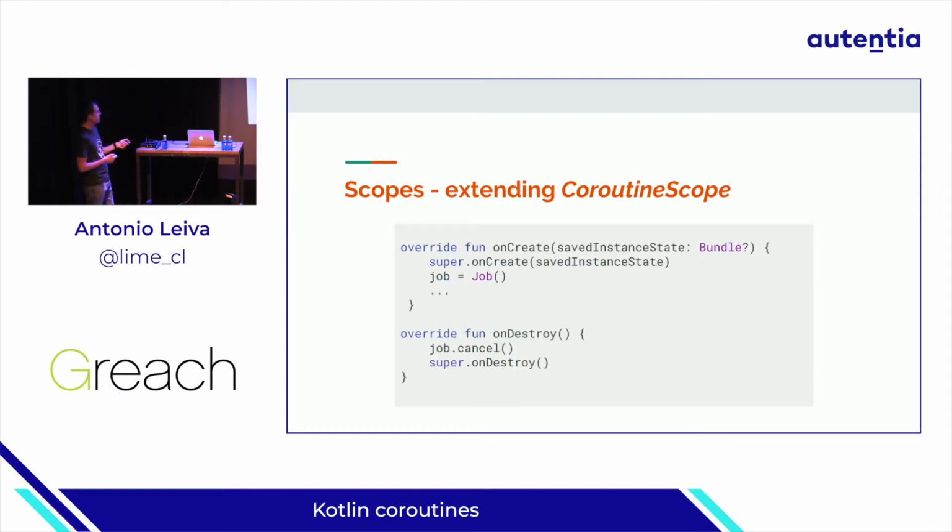So in the creation of the activity, or in the first step of the object that has this defined life cycle, we would create the job, and when that object is being destroyed, we will call job cancel. That way, when the object is destroyed, all the scope is invalidated, and the coroutines that are running will no longer update the UI.